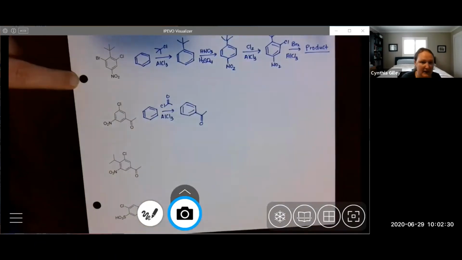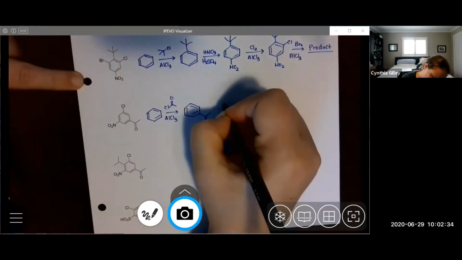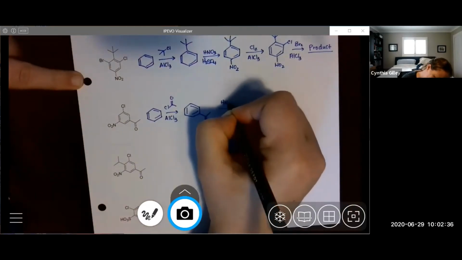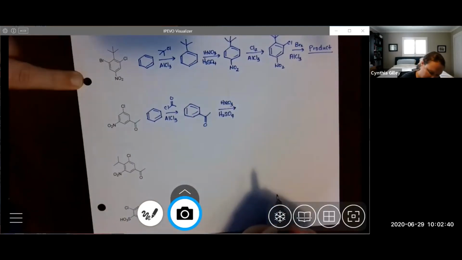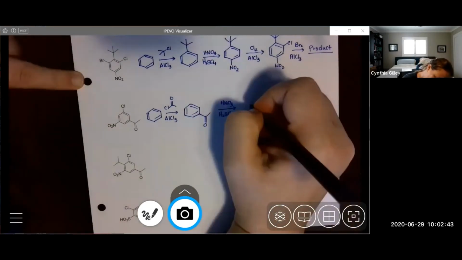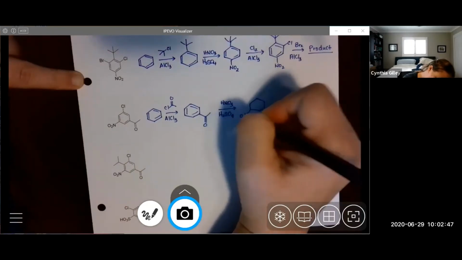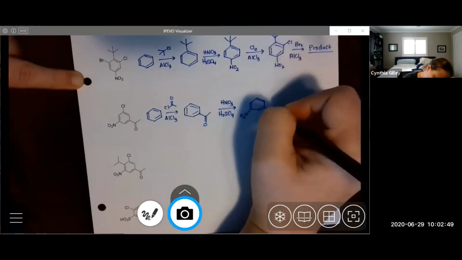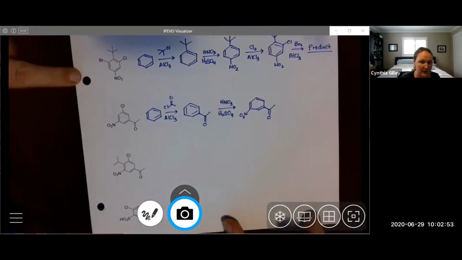Now this is a meta director, so it will introduce the incoming nitro group to the meta position on the ring. Our nitro group will be properly directed where we want it to go. And now we have two meta directors.